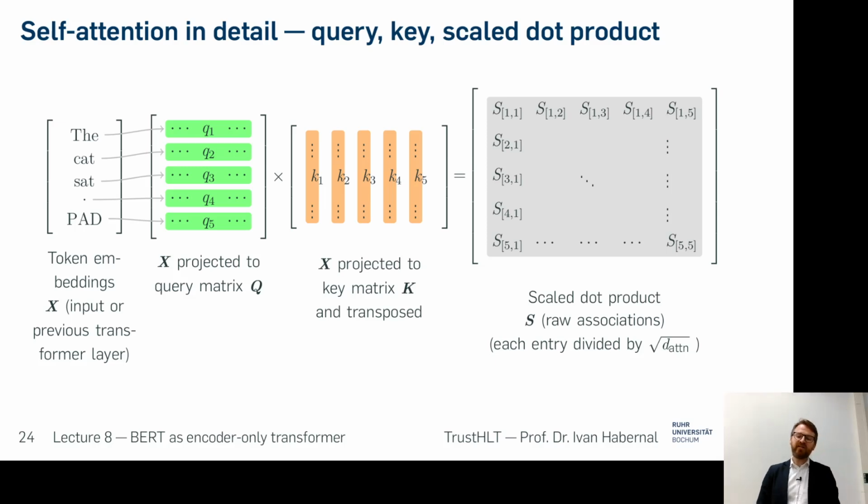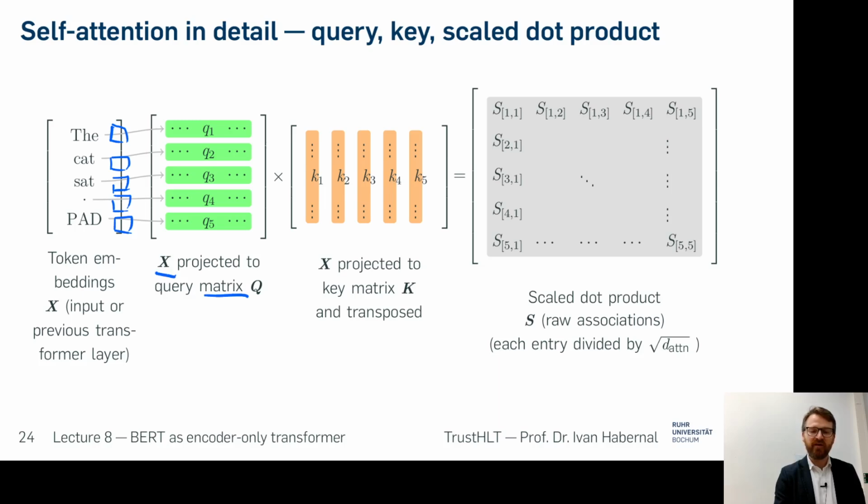So here's a very simplified example. We have a couple of input tokens: the, cat, sat, dot, and some padding, and they correspond to some embeddings here. This could be the input embeddings, or this could be embeddings from the previous layer, it doesn't matter. So now we project the embeddings to the query matrix.